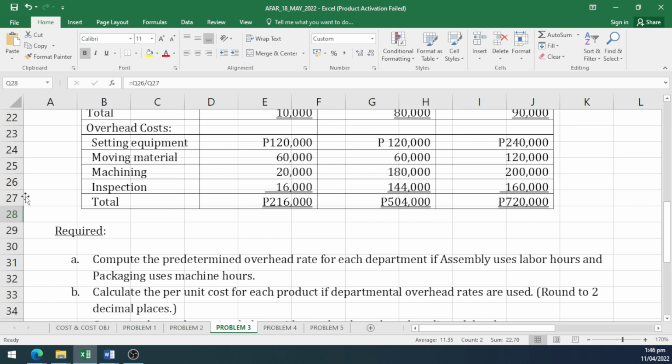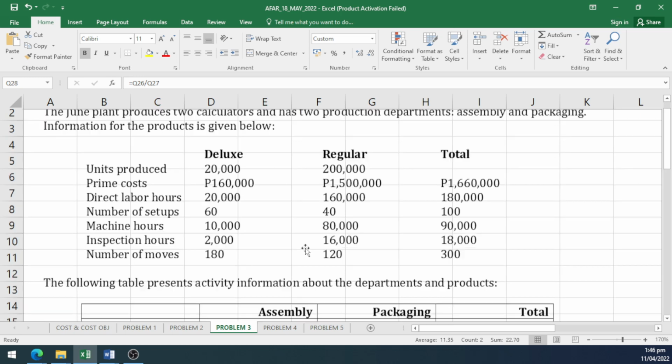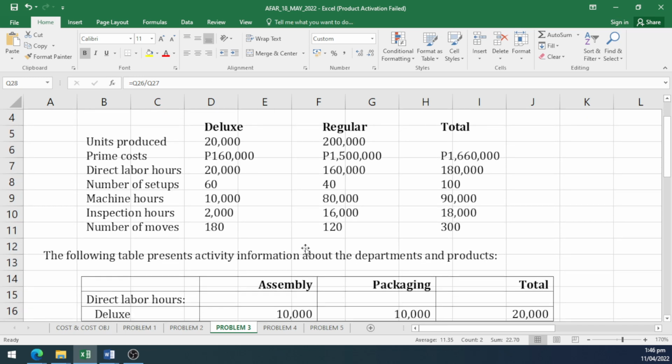Set up ng equipment, 240. Material moves, 120. Machining, 200. Inspection, 160. Anong ating activities naman ay ito. DLRs, 180. Setups, 100. Machine hours, 90.